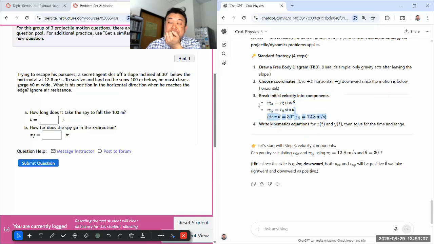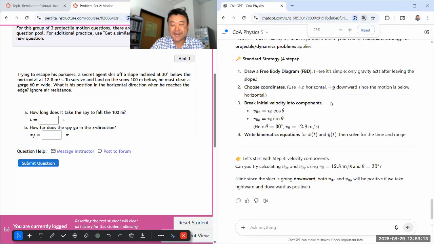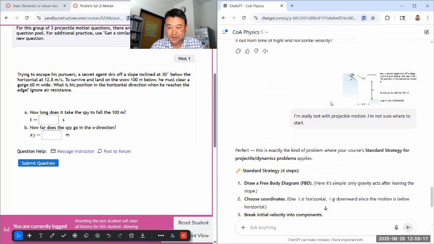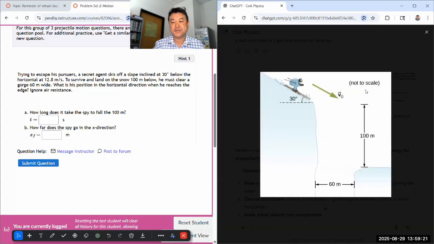I mean, this is right. It's really a bad fit. But I can start with the velocity into components. Sure, I think that actually works a little bit.